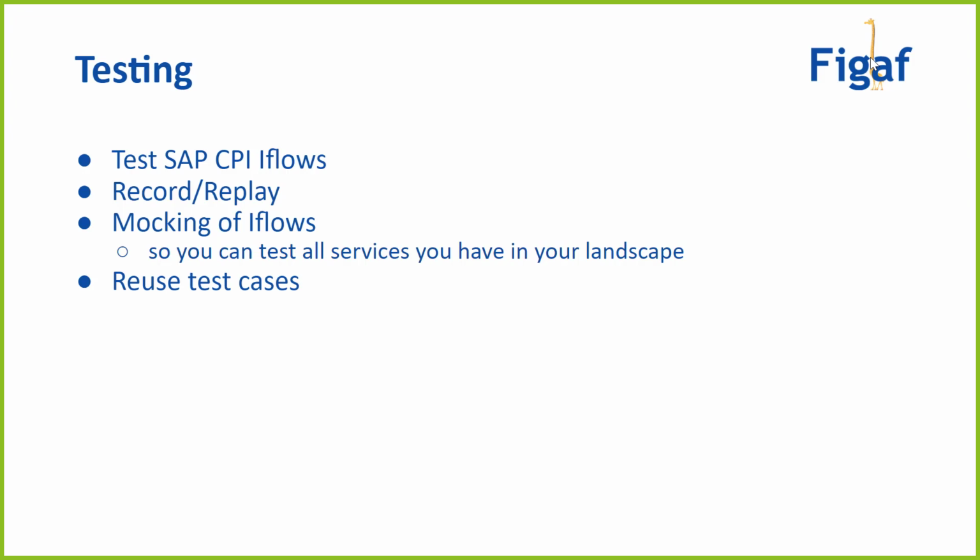So our main way of creating test cases is record replay, and that means we will select an interface, we will set it into trace mode, and once it's into trace mode, it will then for a period of time collect messages that's being sent to this specific interface. We can download all these different messages, and then we can go through all of these different steps and see what has been changed between this.